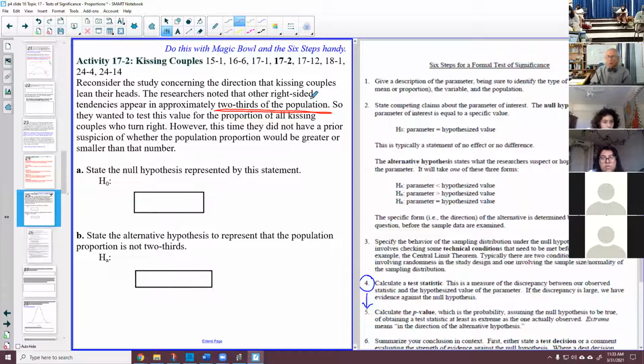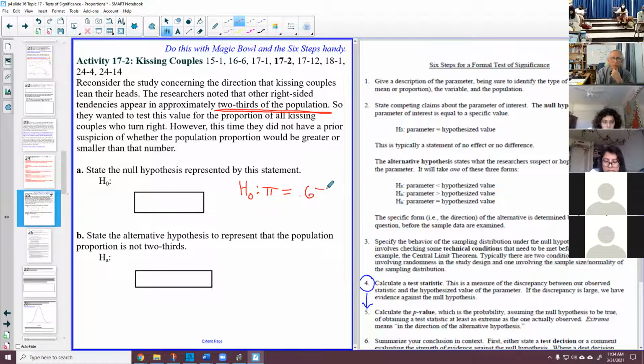So Mila, how would I do this? You would do H0, and then pi equals 0.66 repeated. Very good.